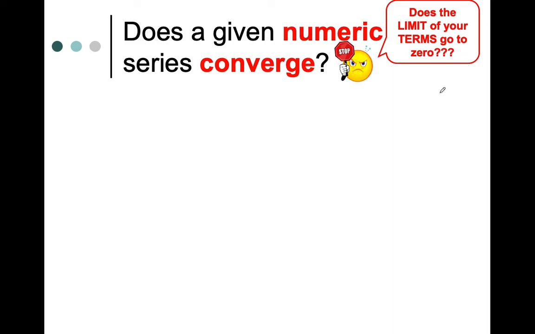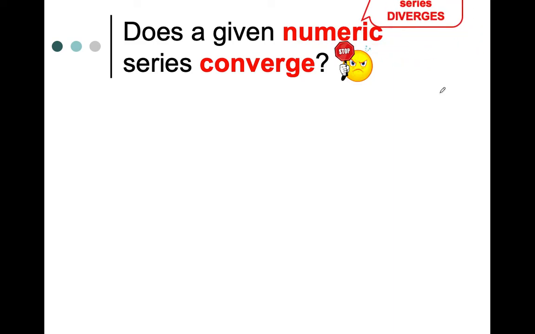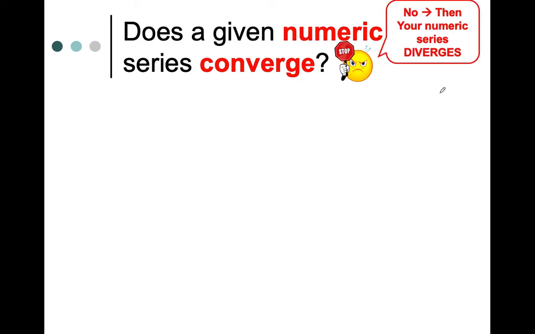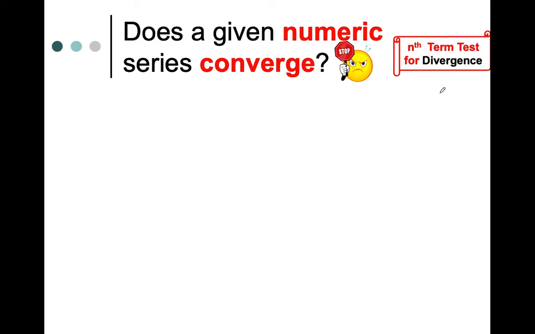Do the limit of your terms go to 0? That is, if your terms do not go to 0, your series definitely diverges. That is the one and only divergence test. You have one divergence test, and this is it. But it's an easy one to run, so you might as well get in the habit of checking it.